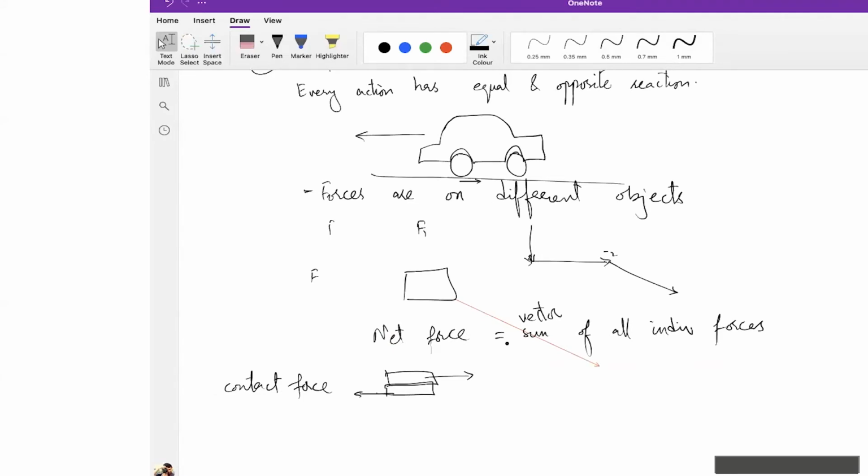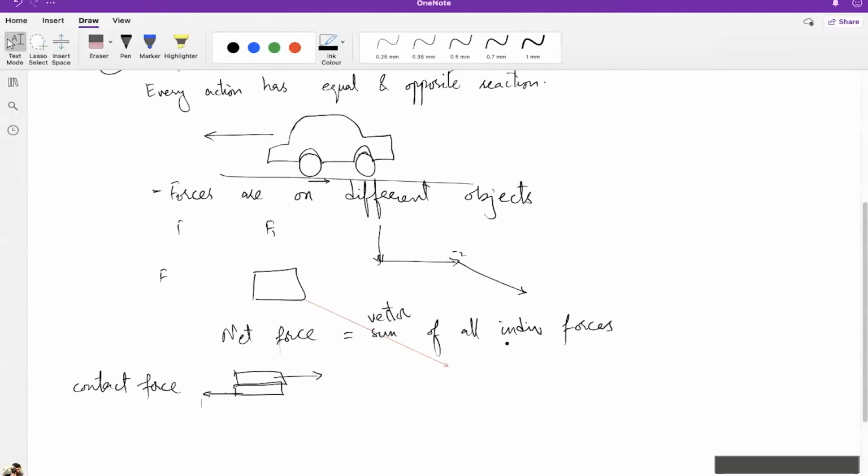Similarly, when things move in fluids, then it's a different story when you try to reduce the friction. For example, if a car is moving and you want it to move at a very, very high speed, we try to make it more aerodynamic. So aerodynamics simply means that we try to reduce the friction because of the air in the shape of the car.